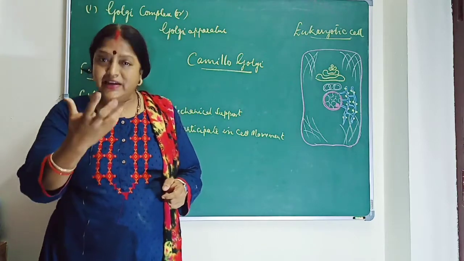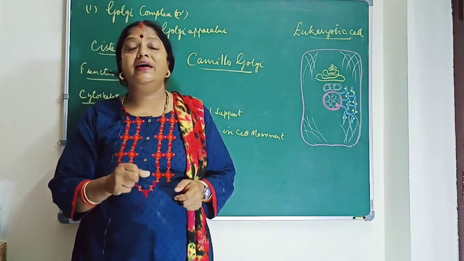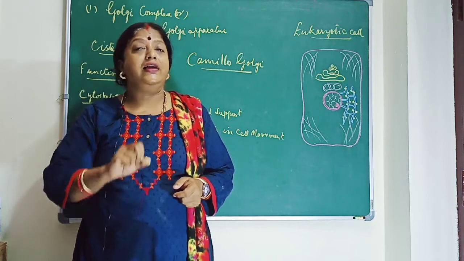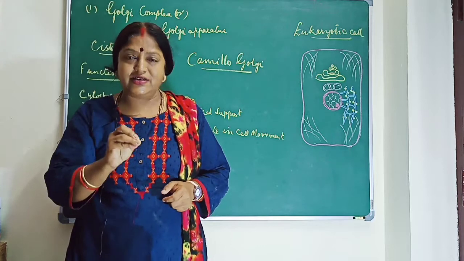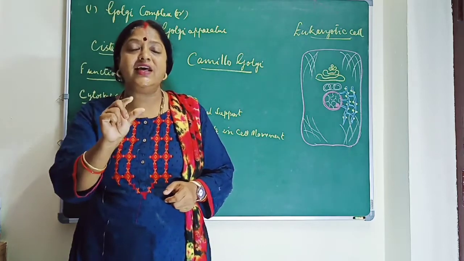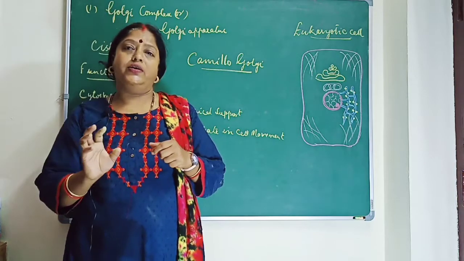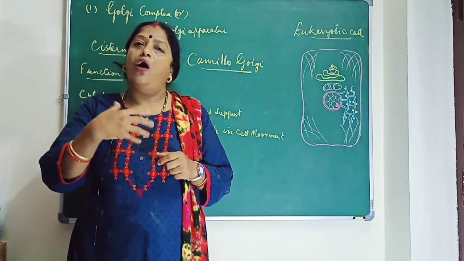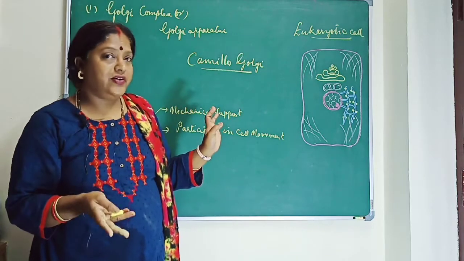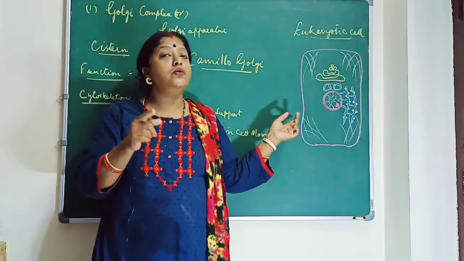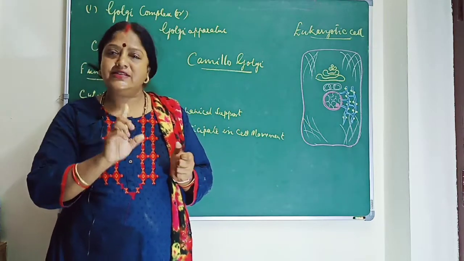First it gets the proteins from the endoplasmic reticulum, then it stores and modifies them, and then it makes a small package, small sachets, and transports that to various organelles inside the cell and outside the cell. There are also several other functions. Golgi complex also helps in the formation of complex sugar from simple sugar.